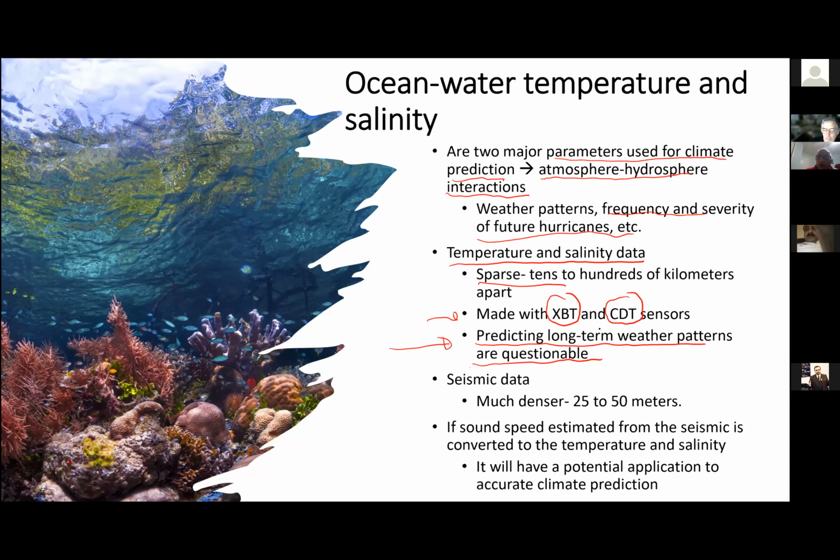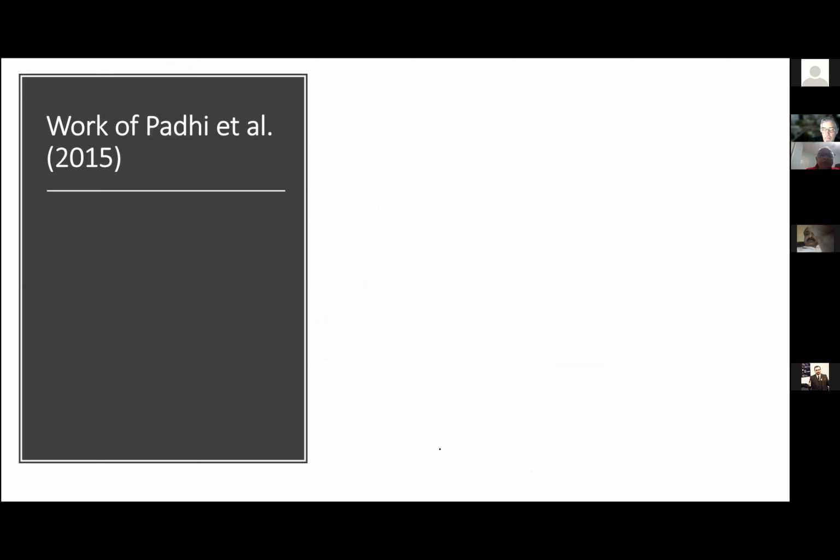And therefore, if we can estimate the sound speed from the seismic and convert it to temperature and salinity, it can have a potential application for climate prediction. So this is the reason we want to find out accurate velocity or sound speeds of the water columns. That's exactly the reason.